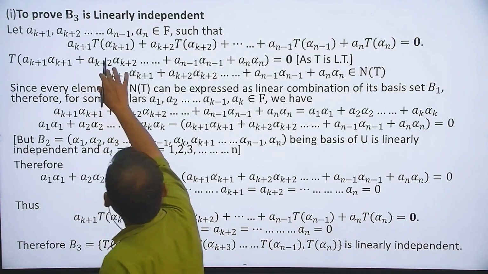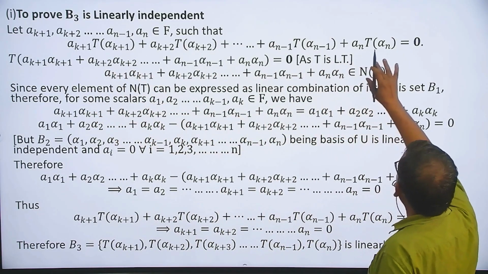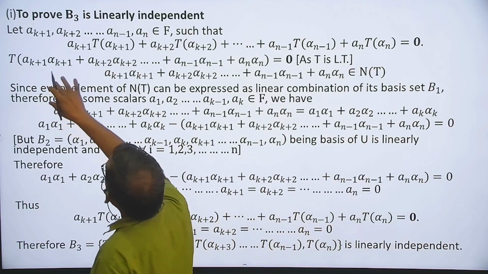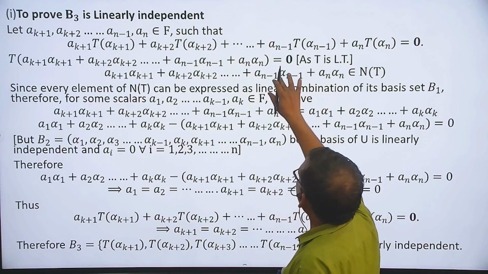Since we have taken this equal to 0, we operate the transformation on this linear combination.